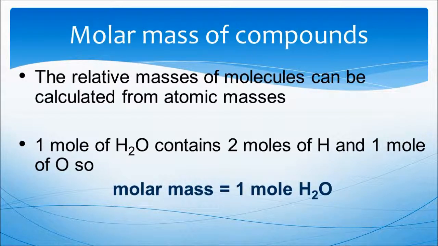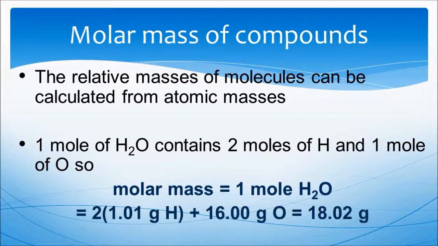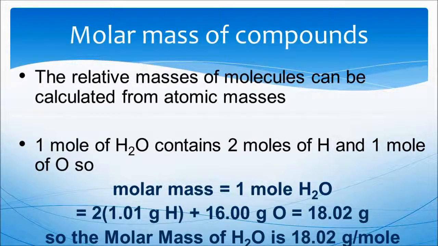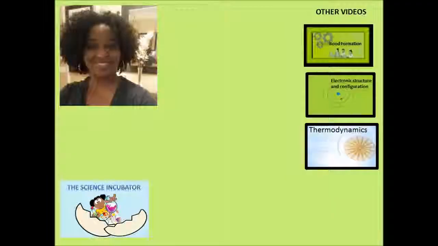The molar mass of H2O is equal to 2 times 1.01 grams, which is the mass of hydrogen, plus 16 grams, which is the mass of oxygen, to give you the molar mass of the compound: 18.02. And so this is how you can use moles in a lot of the calculations that you will come across in general chemistry.